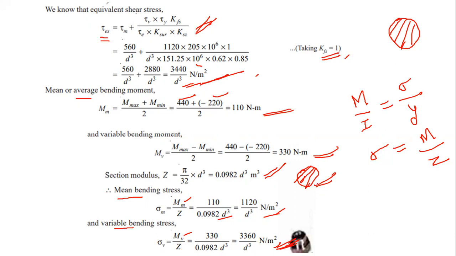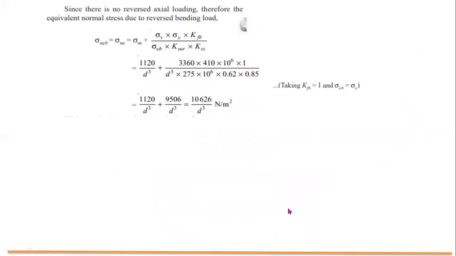After getting the mean and variable bending stresses, you have to find the equivalent normal bending stress. Already we know the formula for equivalent normal bending stress: sigma m plus sigma v into sigma y by k of b by sigma e b into k surface k size.